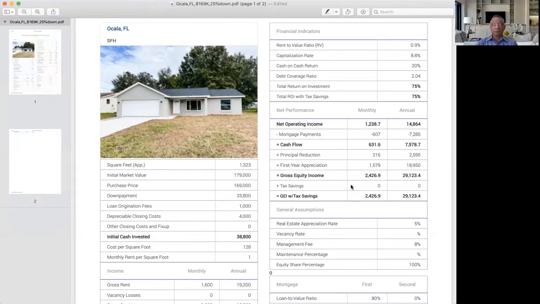So with that in mind, let's go to an actual property. And this property is located in Ocala, Florida, part of our Central Florida opportunity introduction. So this is a new construction property. It is located in Ocala, Florida, which is 1 hour north of Orlando Metro.